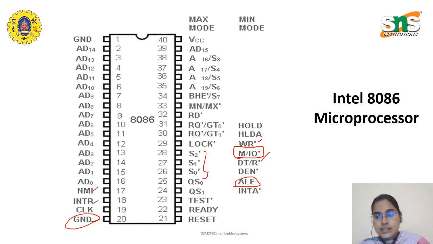We will discuss these interrupt concepts later in the lecture series. These are the main pins, as we have the read option here, and lock, maximum mode and minimum mode. These are the control pins where the previous architecture is compressed and configured into 40 pins.